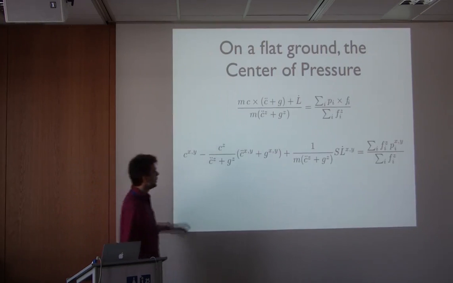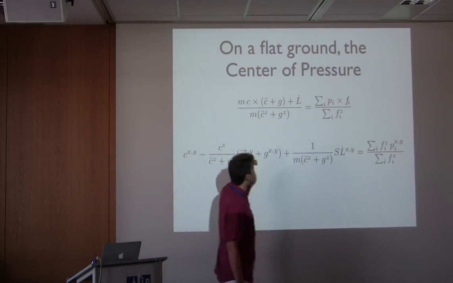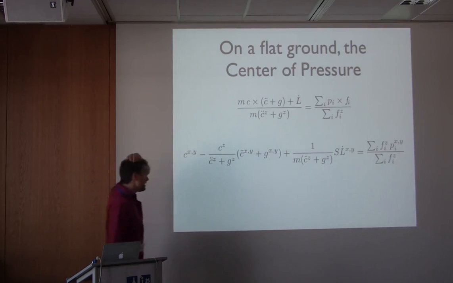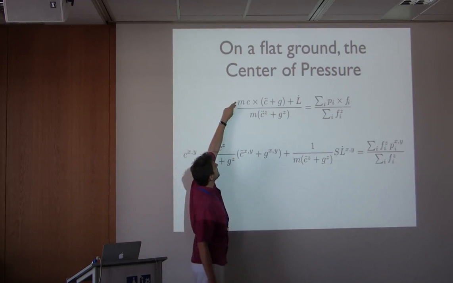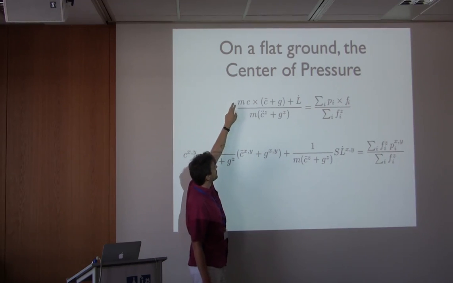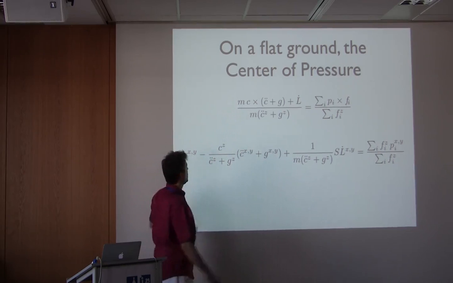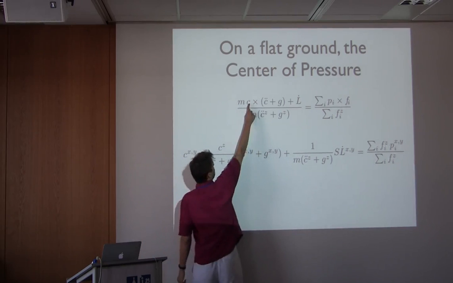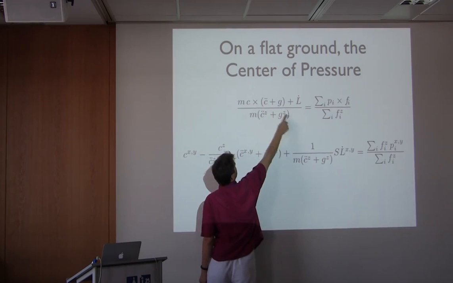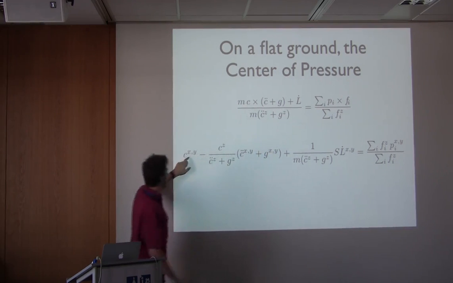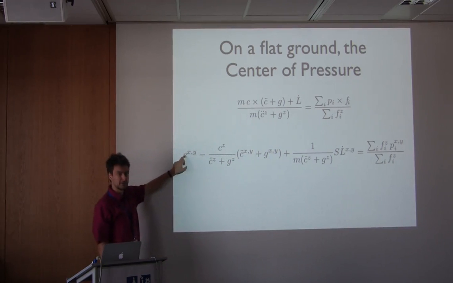Okay, so we do this transformation here, and then we focus on the x and y coordinates. Here we have first the x and y coordinates of c times the z coordinates, and then you divide by this, and so you just end up having the x and y coordinates of the center of mass.